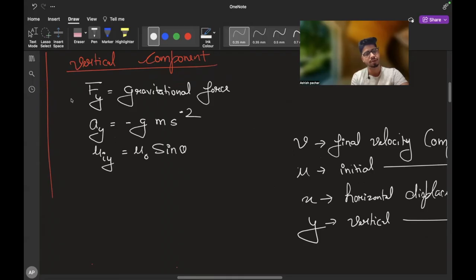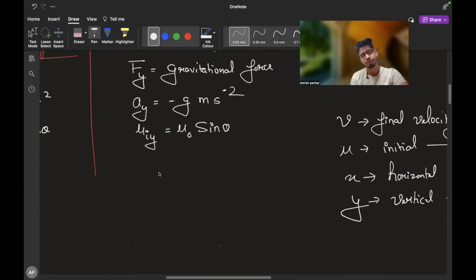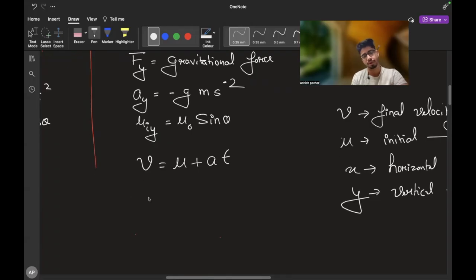At the peak value, as we know, the vertical velocity component is 0. So final is, you must be aware of this equation, v is equal to u plus at. I already defined what is in the vertical direction, so everything is the vertical component.